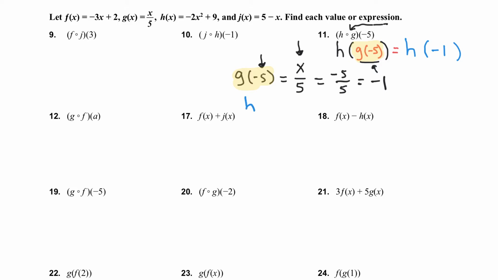So you have h of negative 1, and I know that h is negative 2 times parentheses negative 1 squared, plus 9. I know that negative 1 to the second power is positive 1. So you have negative 2 plus 9. Negative 2 plus 9 gives you 7. So what we end up with as our final output is 7.